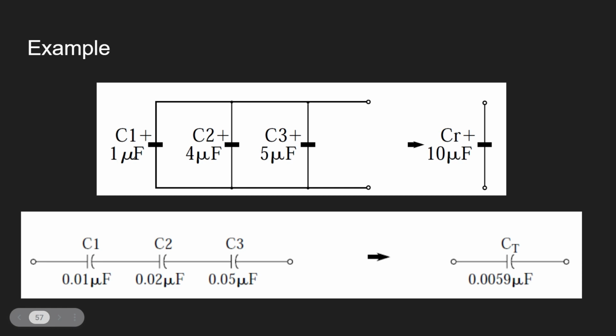Let me draw my diagram first. This is 0.01 mu F, and this is 0.02 mu F, and this is 0.05 mu F. Okay, I have finished drawing my circuit.